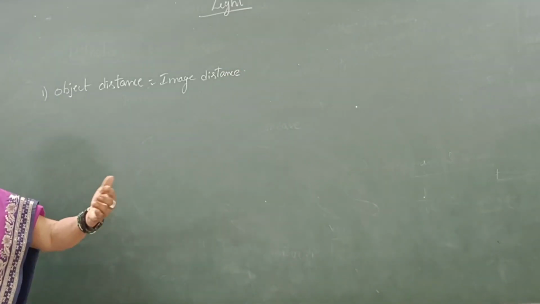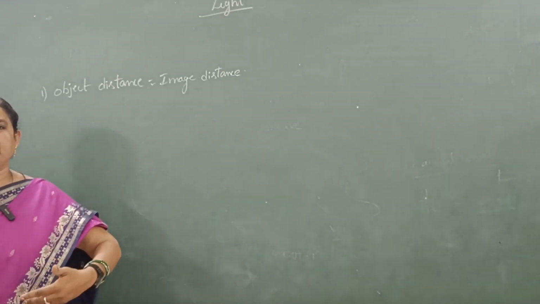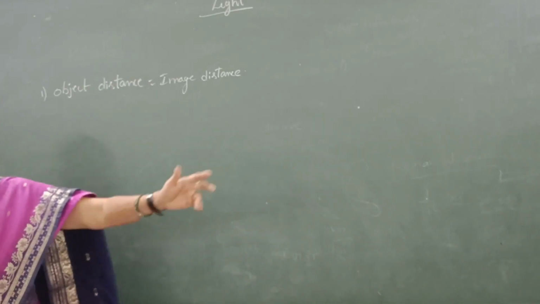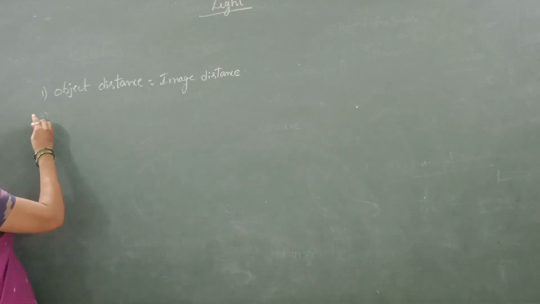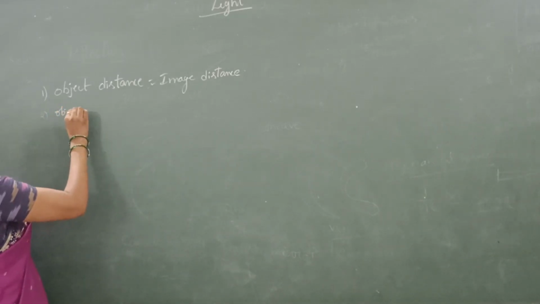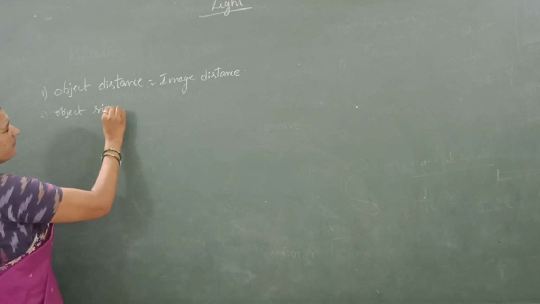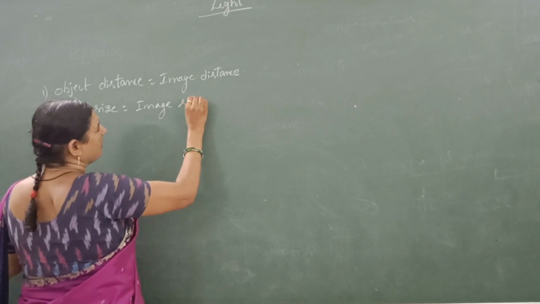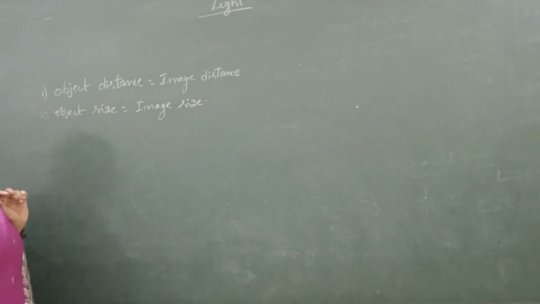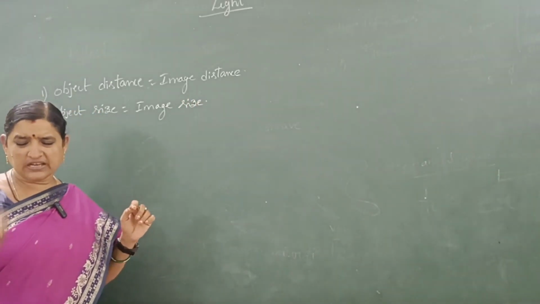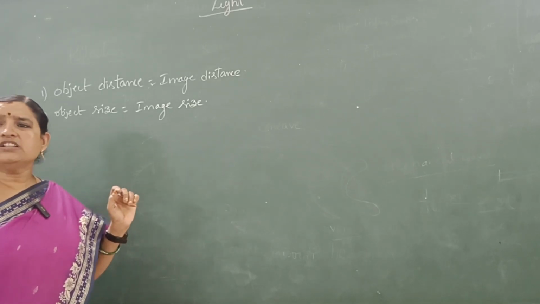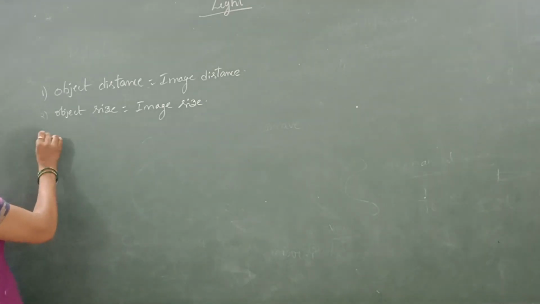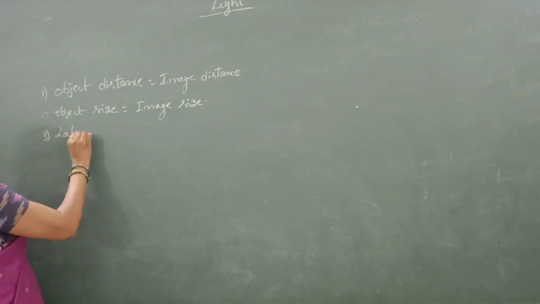That means however far you stand in front of the mirror, your image is formed at the same distance from the mirror. Next, object size is equal to image size. However much height we have in front of the mirror, the image has the same height. The next one is that lateral inversion takes place.